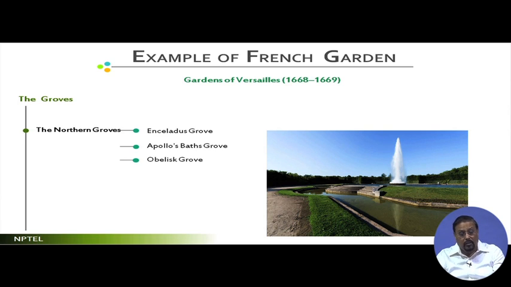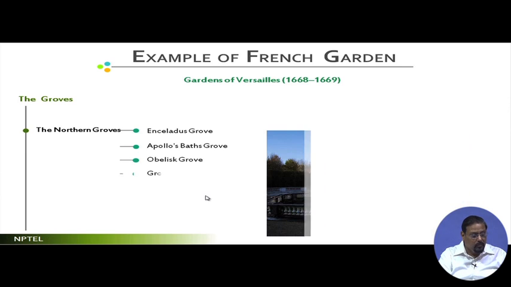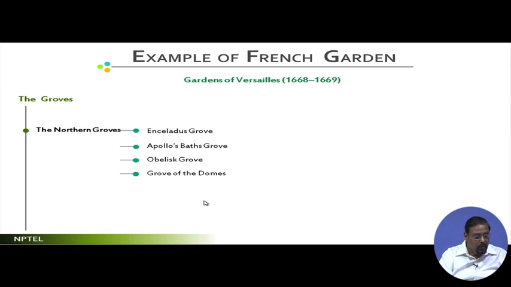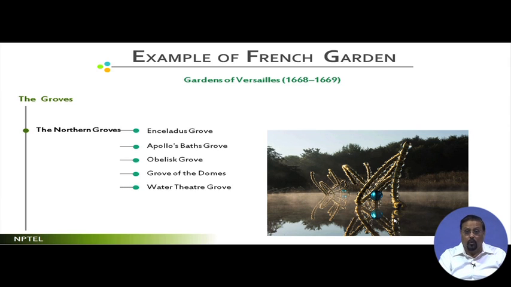So it's the Obelisk Grove. And then we have the grove of the domes. Here you see that they have planted the vegetation very, very systematically and categorically.